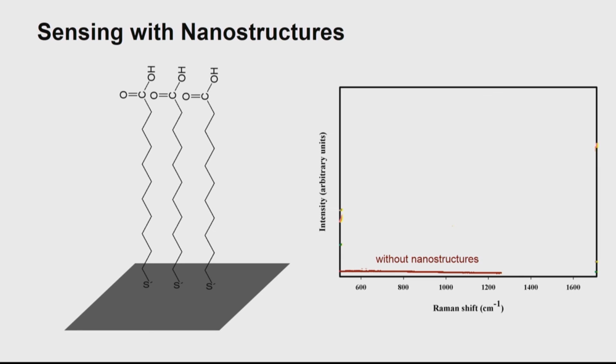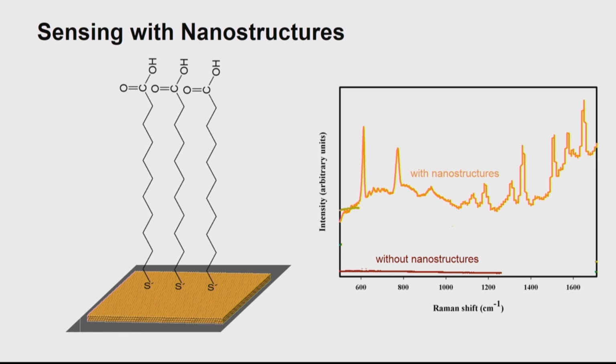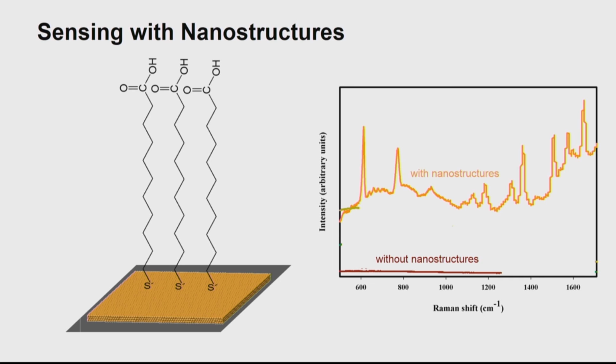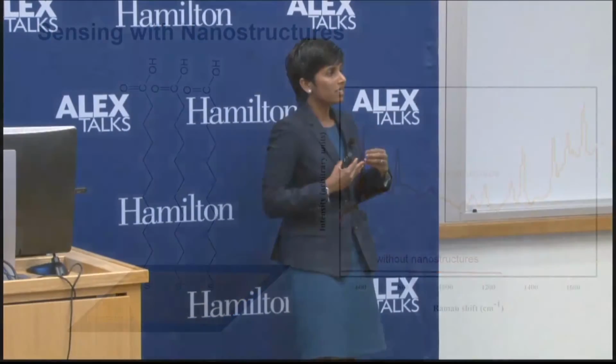Okay, well, that's fine. So then we thought, well, what happens if we actually build some nanostructures on top and then deposit our molecules of interest? Well, now we start to see the signature peaks of our molecule of interest. So without any nanostructures, we don't see anything. But with nanostructures, we actually start to see things. So nanomaterials in our applications here are more like our eyes.